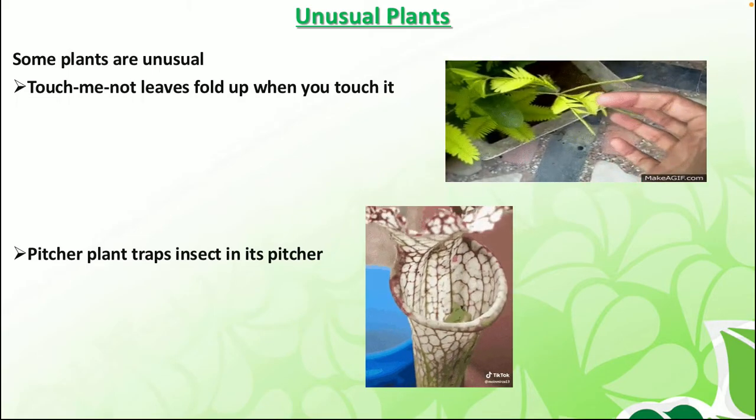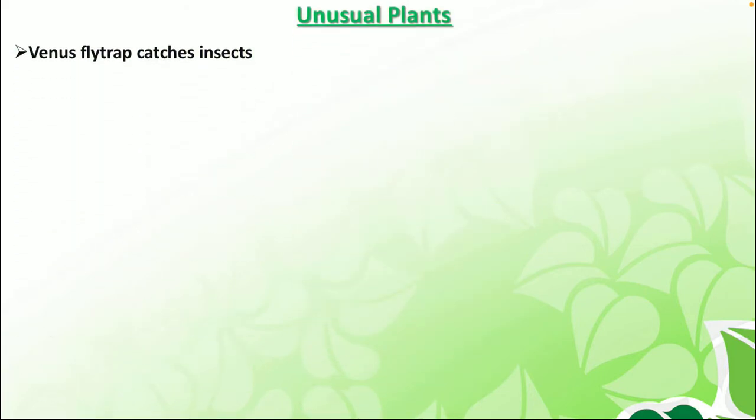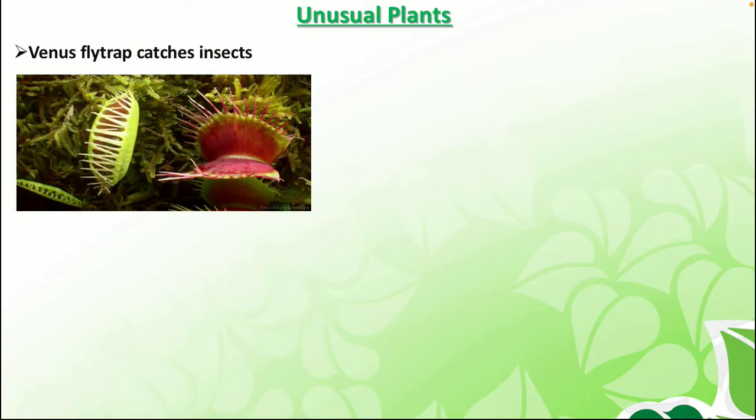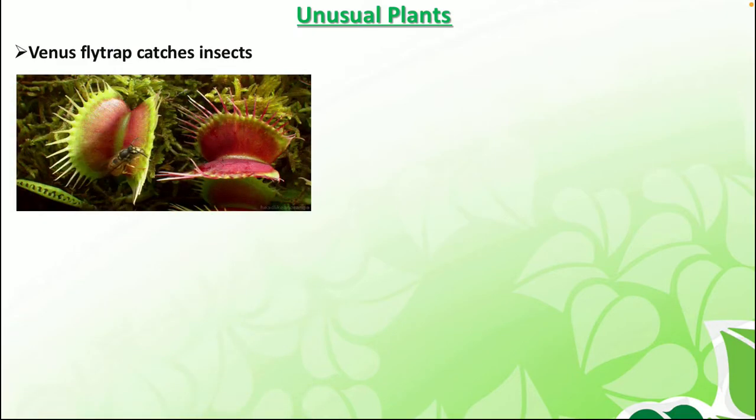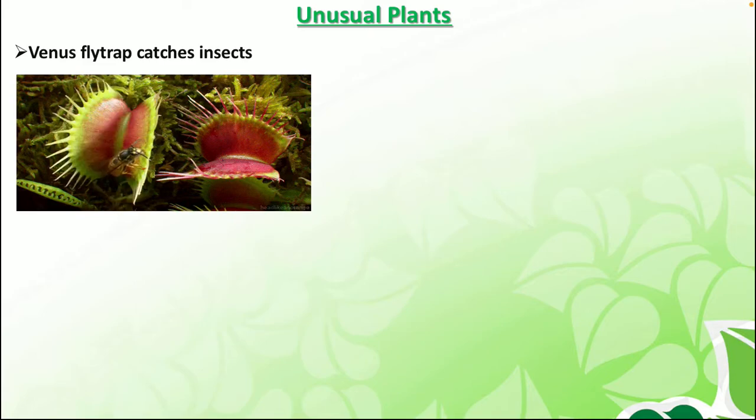A type of pitcher plant is also the Venus flytrap, because the Venus flytrap also catches insects. The Venus flytrap is a plant that traps and eats insects. Now you can see this. They trap and eat insects. It belongs to the meat eating plants.